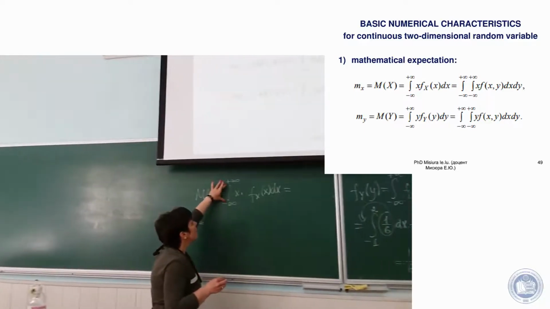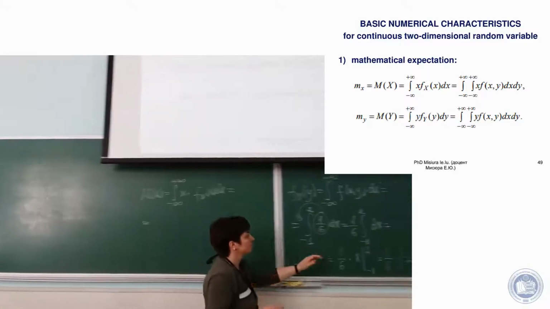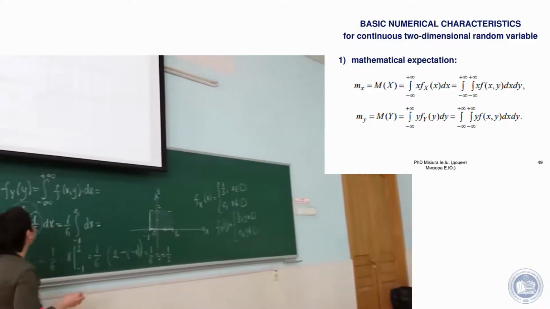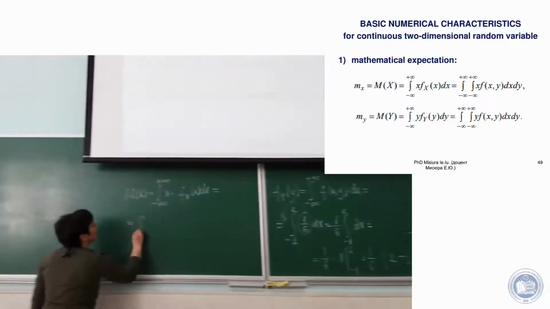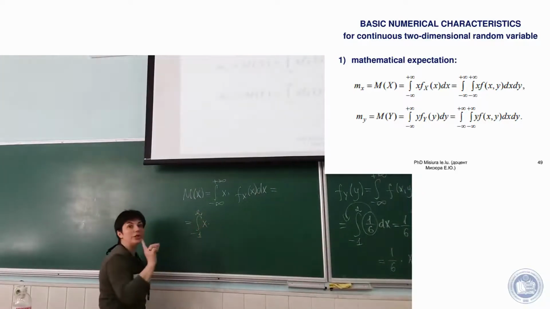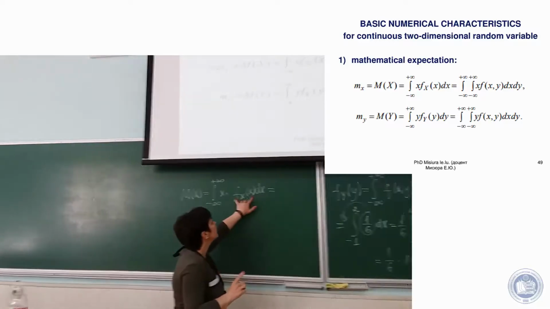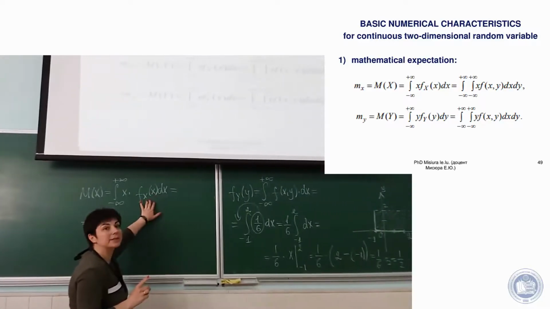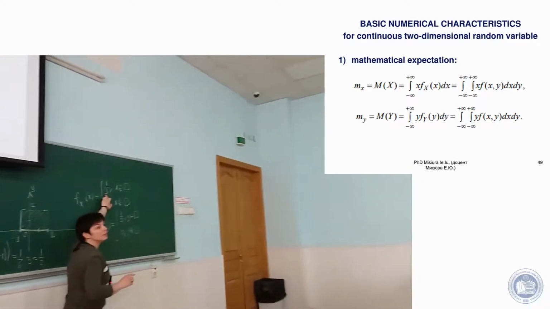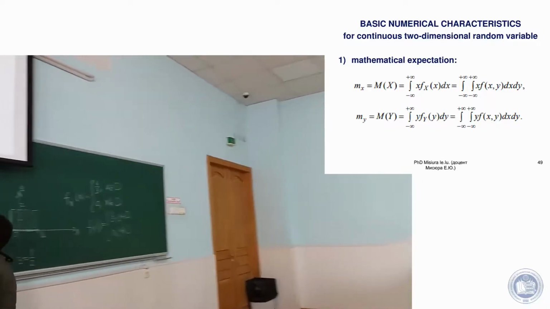Okay, negative positive infinity. It means you need to use minus 1 and 2. X is not changed. Students, please substitute f of x. Please look at this formula. F of x equals 1 over 3. Okay.